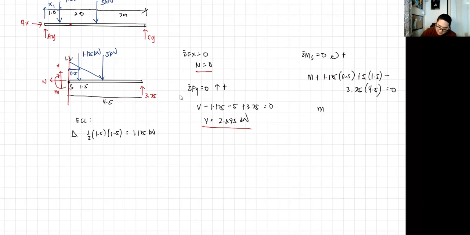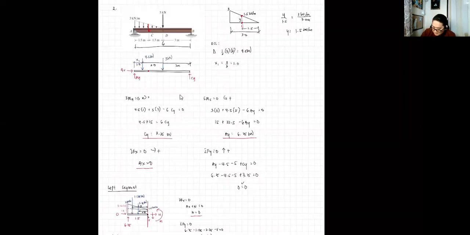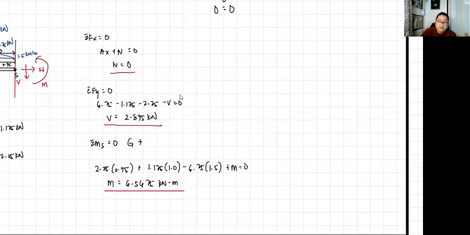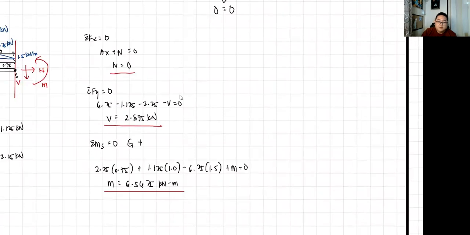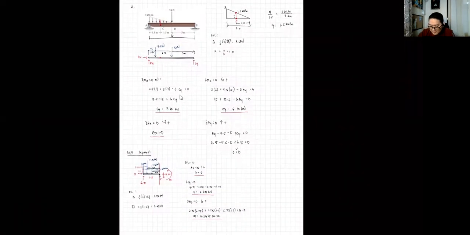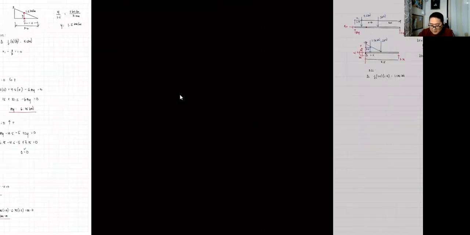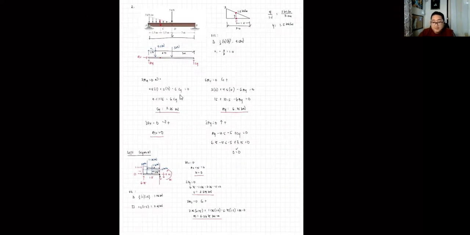That is equals to 6.5625. So, transpose natin. So, 6.5625 kilonewton meter. That is our answer. So, let's check. 6.5625. So, same value. That means correct yung internal forces natin, which should be 2.875 for shear and then 6.5625 for moment. Okay? So, ayan po yung ating answer key for our prelim exam.